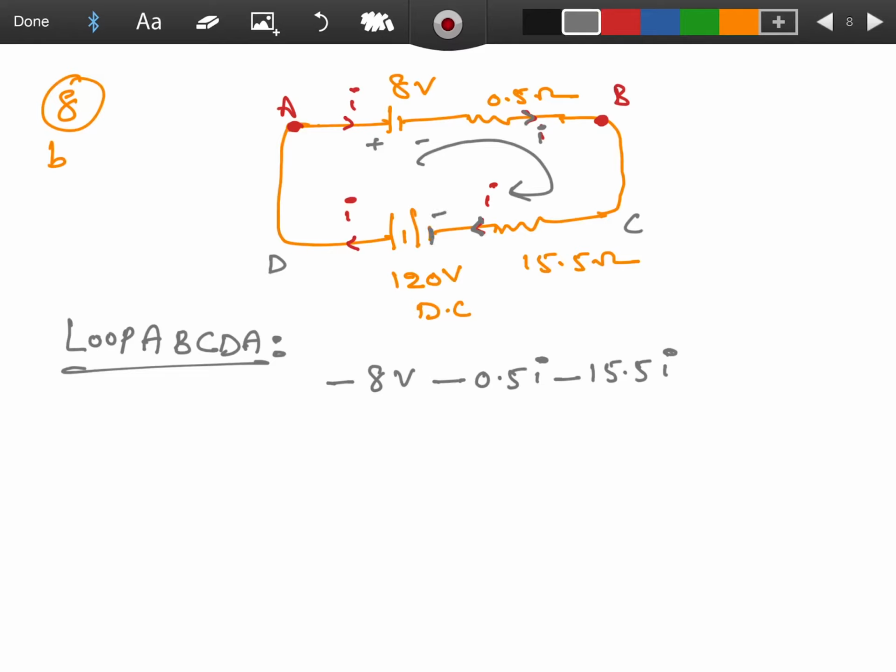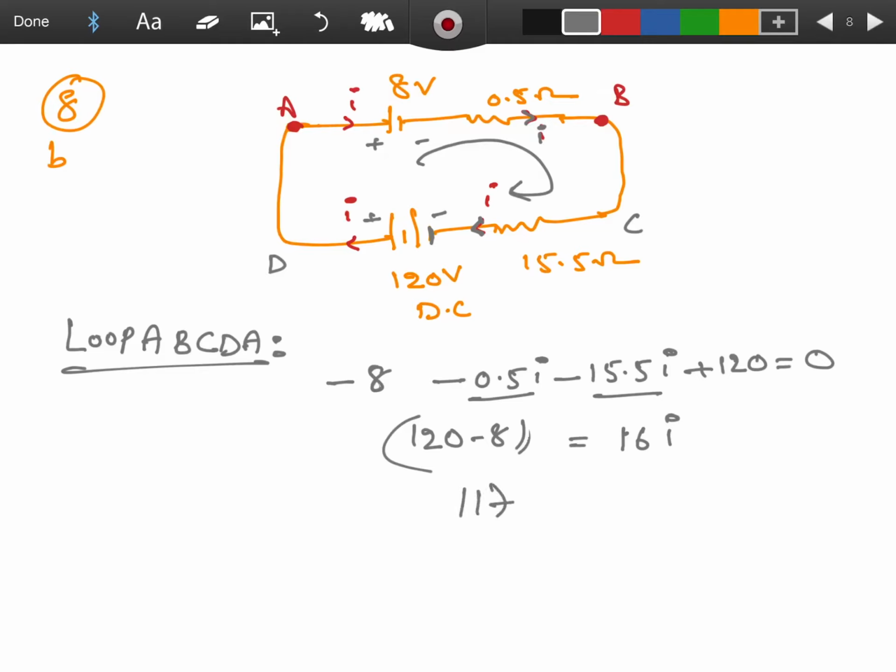And lower terminal to higher terminal, plus 120 equal to 0. That is 120 minus 8 equal to 16I. Why? Because 15.5 I plus 0.5 I, I'll send to the other side, 16. 112 equal to 16I.